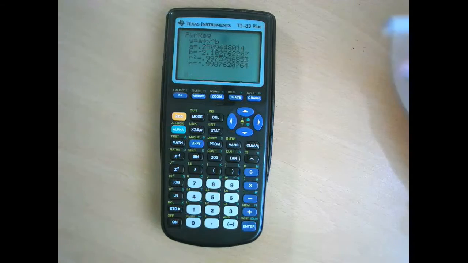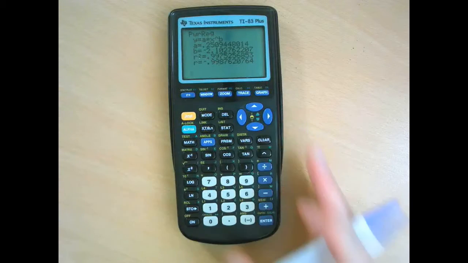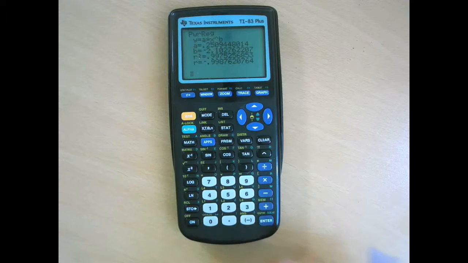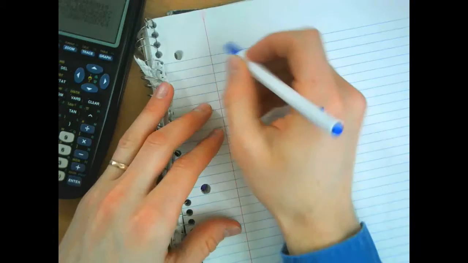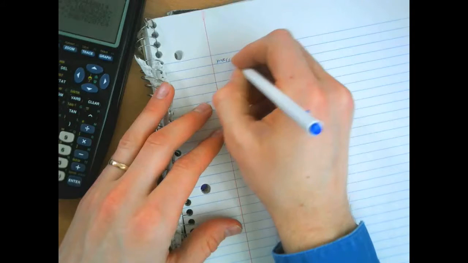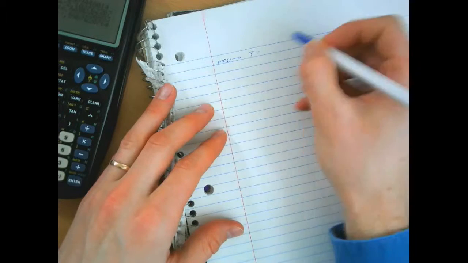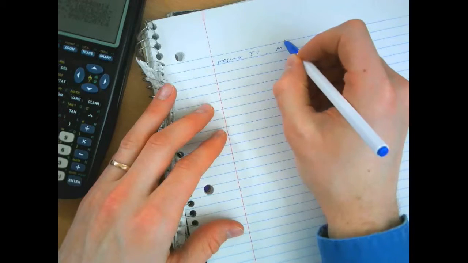For example, let's say that when we collect all of our data and perform our regressions, we find out that for mass, period is equal to something times mass to the 2.005.